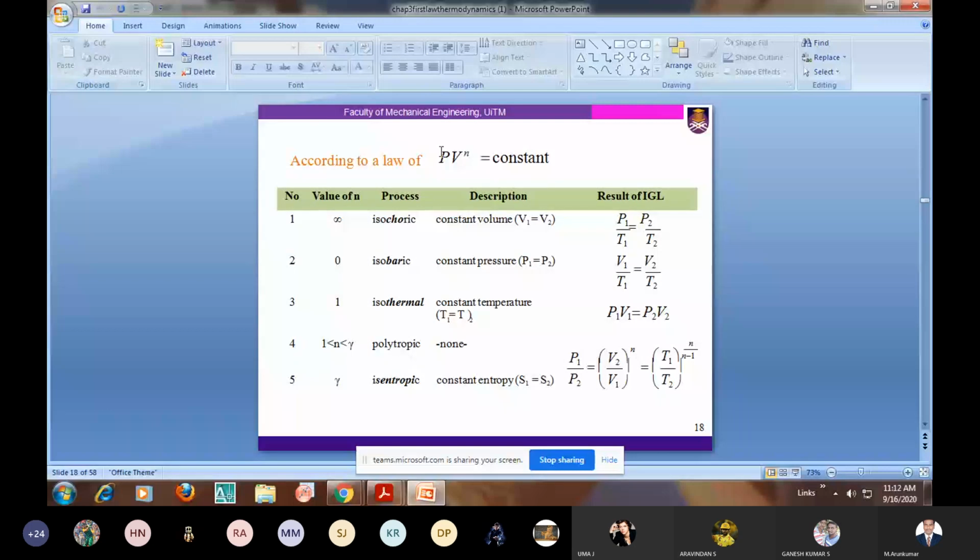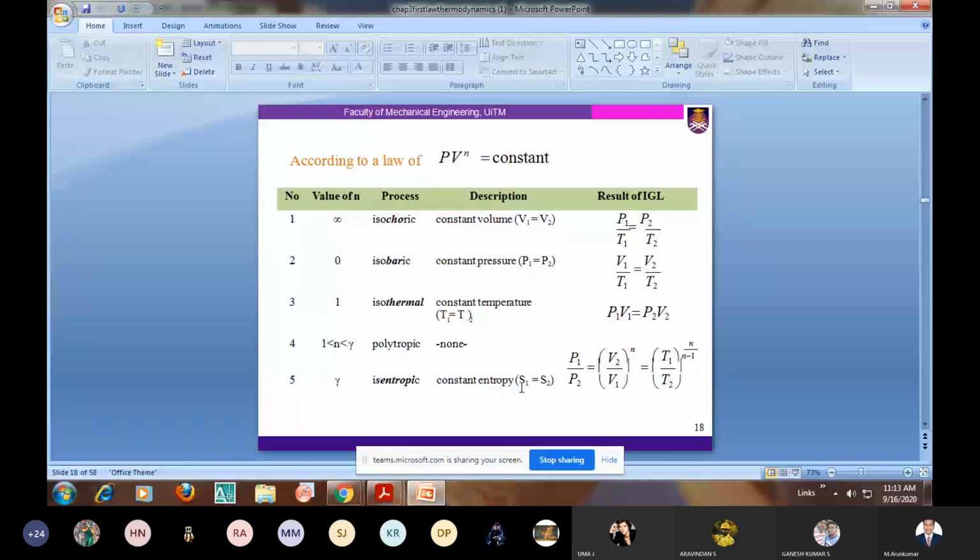Then we know what the isentropic process is. In the isentropic process the entropy is constant, so S1 will be equal to S2.